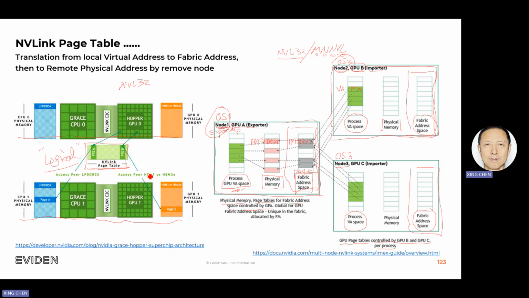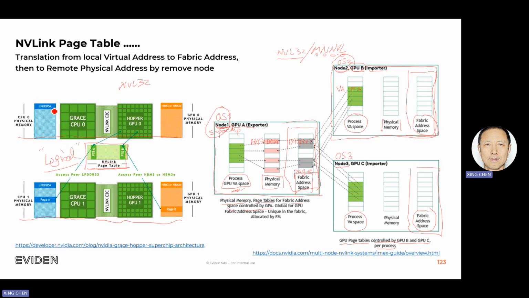You can think of the sum of all these page tables for fabric addresses from all the nodes, you put all of them together. The sum of all these small page tables is the logical NVLink page table.